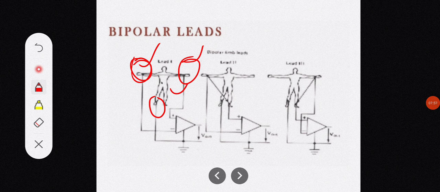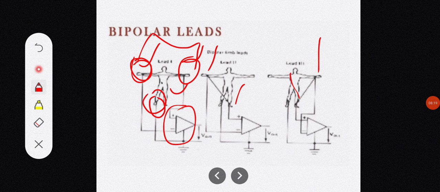But out of these 3 only 2 are used, either the right arm and left arm, or the right arm and left leg, or the left arm and the left leg, and the remaining right leg electrode is used as the ground reference, as we have used an electronic amplifier here.